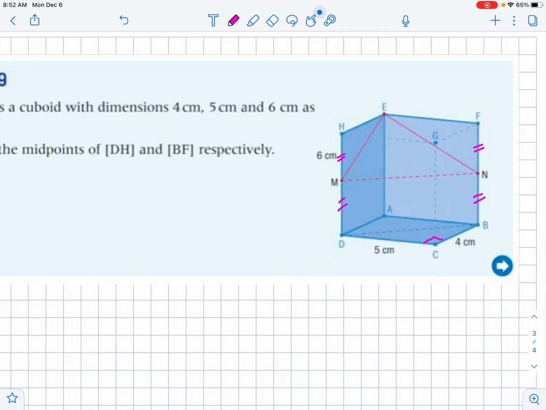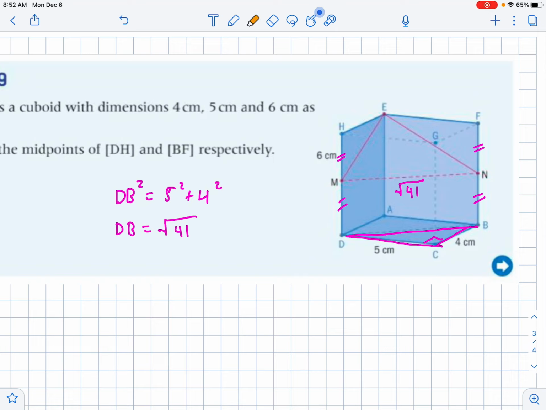because in the base rectangle, there would be a 90-degree angle right here within this triangle. So DB squared is equal to a squared plus b squared. So that's root 41. Because that's root 41, its partner up here is also root 41.